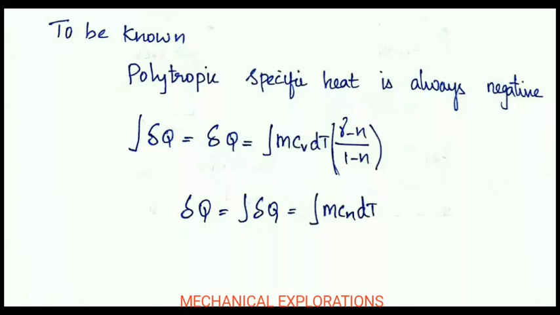What is to be known is that polytropic specific heat can be negative. It's a very important concept to be remembered. Then del Q equals the integral of del Q; you see that the equation integral of m Cn dT is to be remembered.